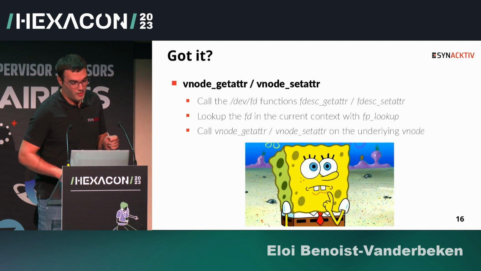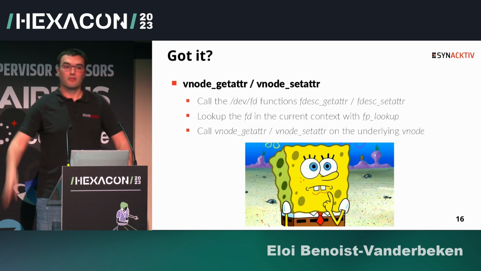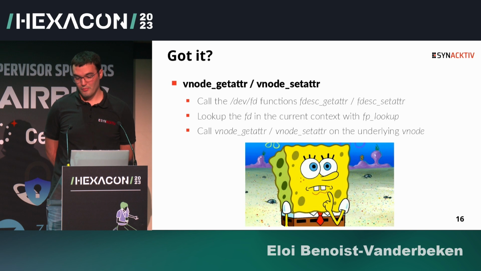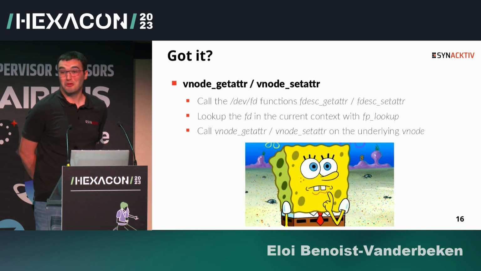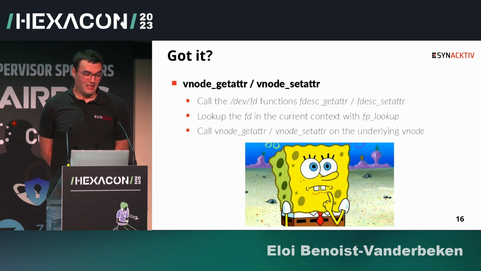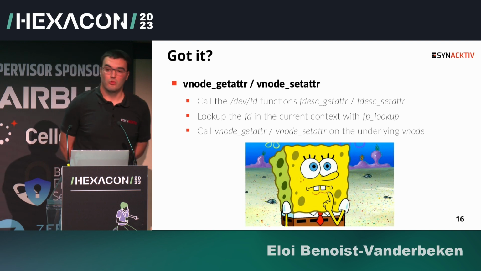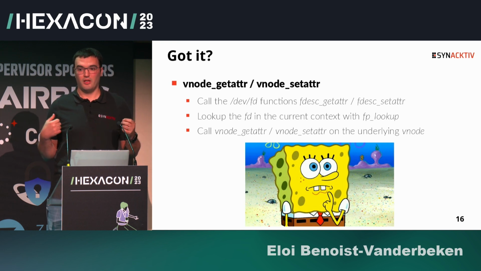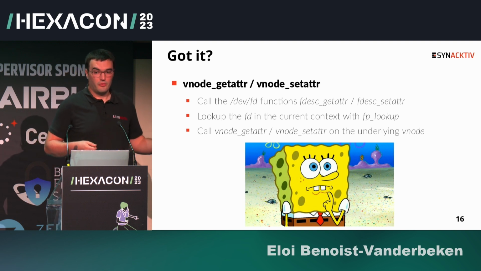So maybe you've already got the vulnerability just by seeing the previous slide. But just to be sure, I'm going to give it to you. So how do vnode get attribute and vnode set attribute work? Well, first they call the devfd functions, fdesc get attribute and fdesc set attribute.